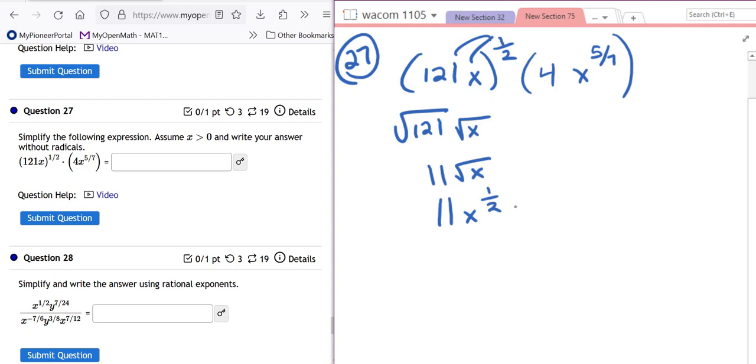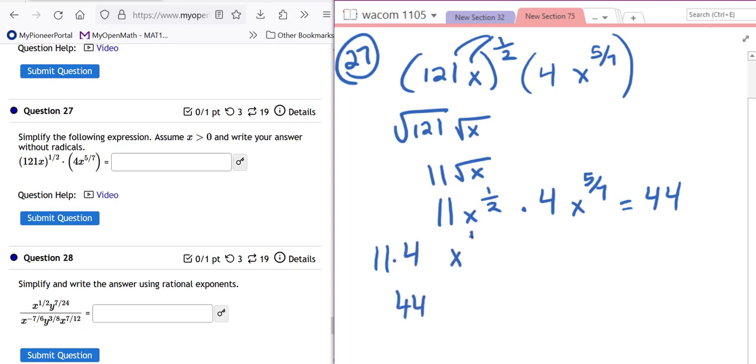Right? Now this is times 4x to the 5/7. Right? This is just like if you had 11x to the 3rd and 4x to the 5th. Right? The numbers outside are going to multiply. So we're going to get 44. You can rearrange it if you want. And then we'll do the variables. Let's just rearrange it. That'll be nice. So 44.